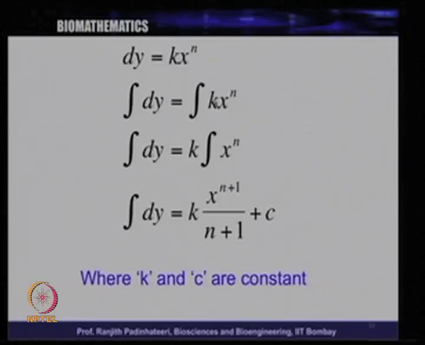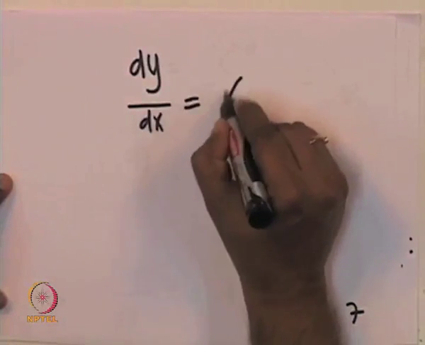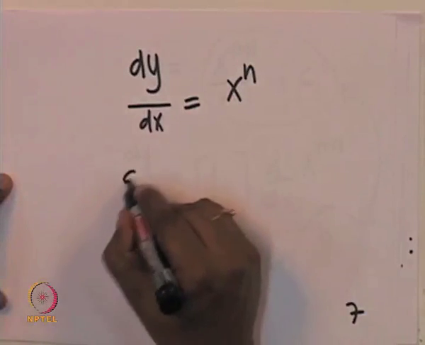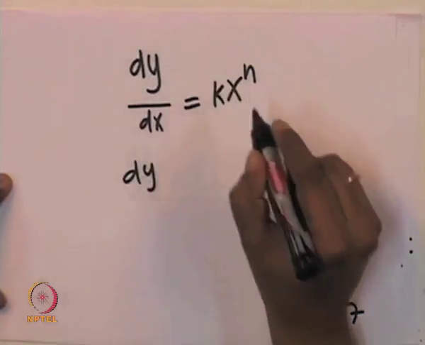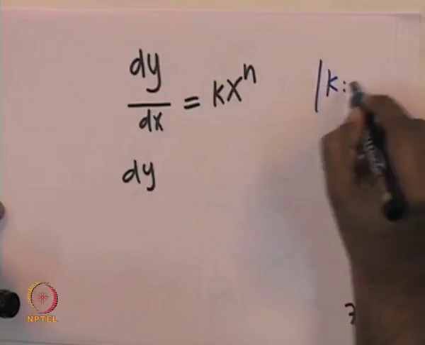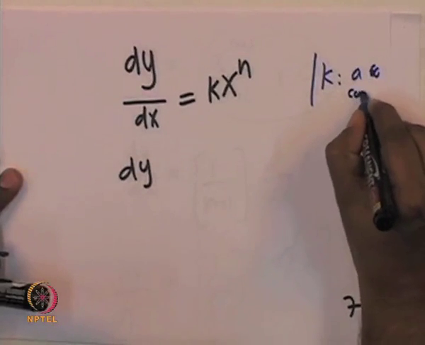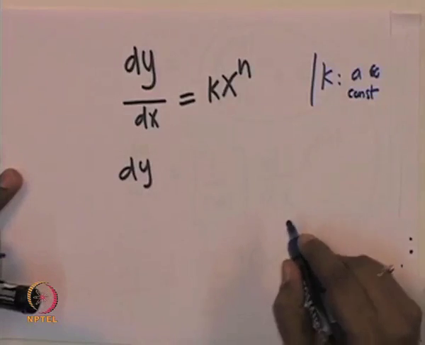There are some typographical errors in the slide. So, let me write this carefully here. The correct thing is what I am writing here: dy by dx is k x power n, where k is a constant. k is a constant, it is a number.